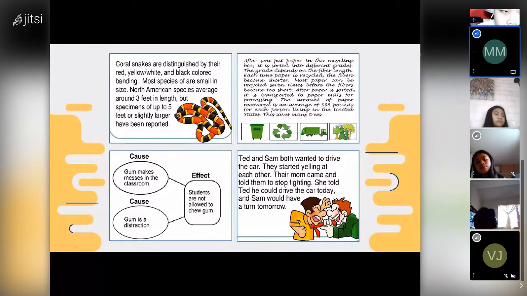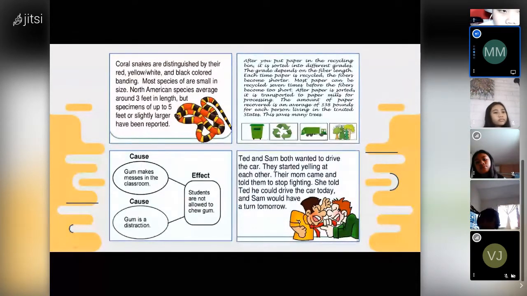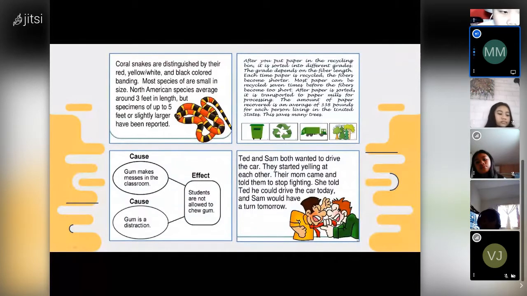The fourth picture. Okay, therefore, what is being shown in picture 3? Cause and effect. Okay, cause and effect.